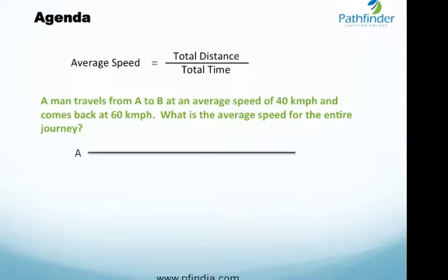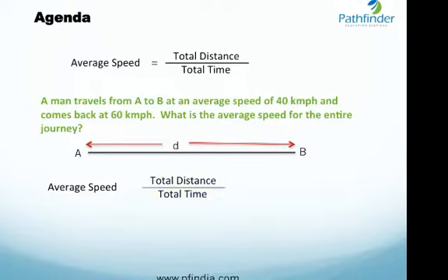So let us look at the schematic diagram. A person travels from A to B. The distance given is d, and this is only the one-way distance from A to B. Average speed, as we all know, is equal to the total distance divided by the total time.